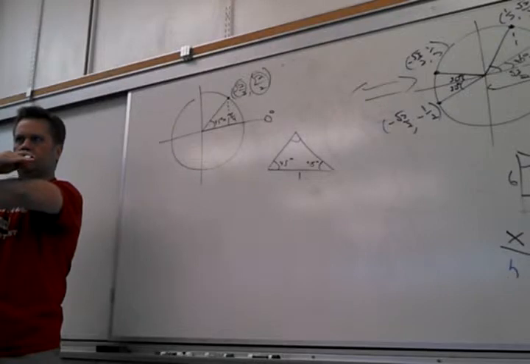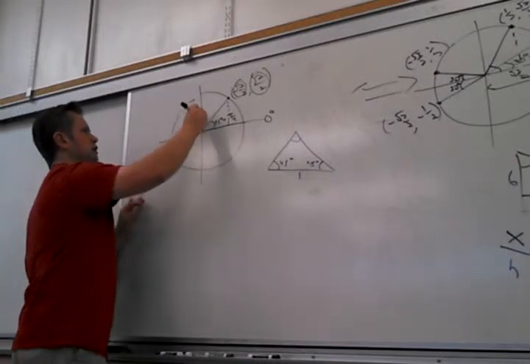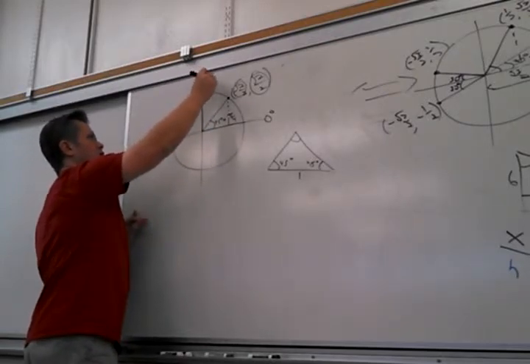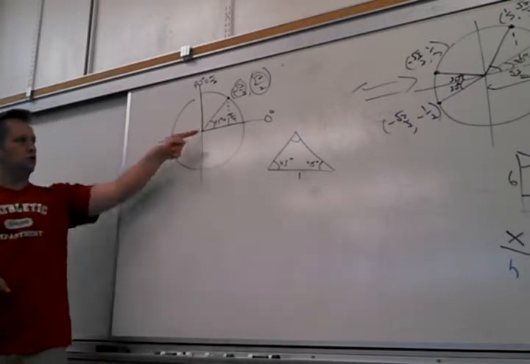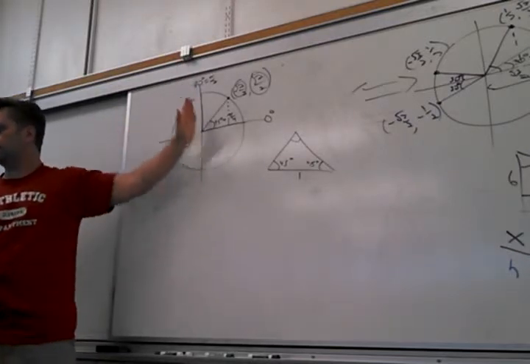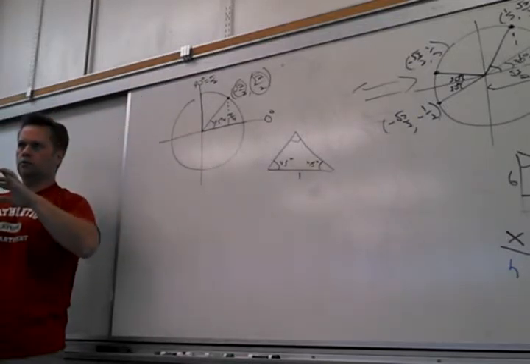The minute it lifts off the x-axis, now there's a y piece. And where does the y piece become maximum? 90 degrees, right? Cool. So at 90, or pi over 2 radians, the trig function that talks about the y piece should be at its maximum, and the one that talks about the x piece should be 0, because there's no x piece here. I like it. Okay, cool.